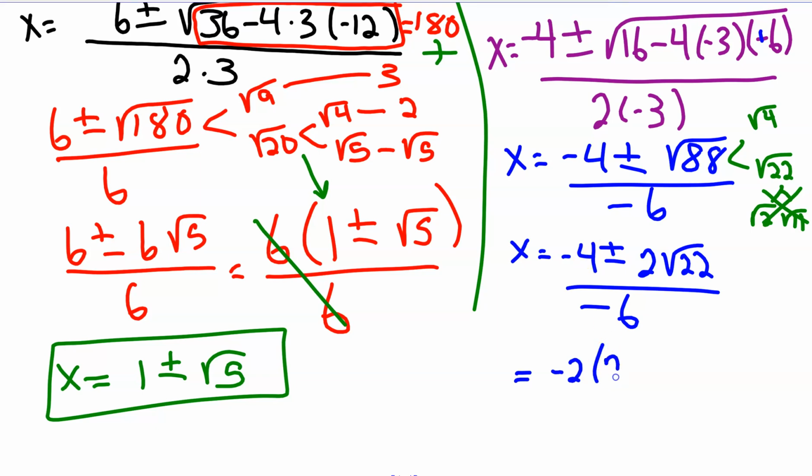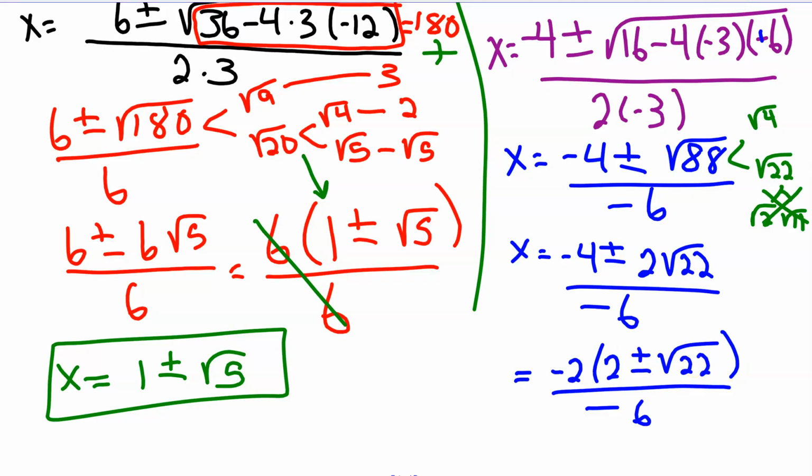So I'm left with a 2 plus or minus square root of 22 over negative 6. And if you distribute this back in, that's going to be negative 4, and that's going to be a negative 2. So instead of plus or minus, it'd be minus plus, doesn't matter. Still going to be plus or minus.